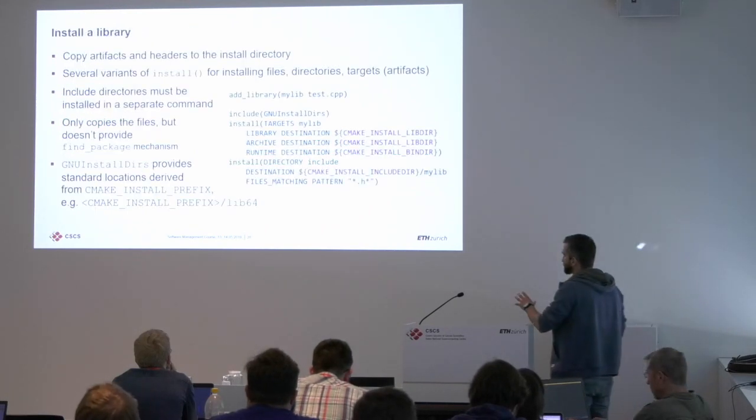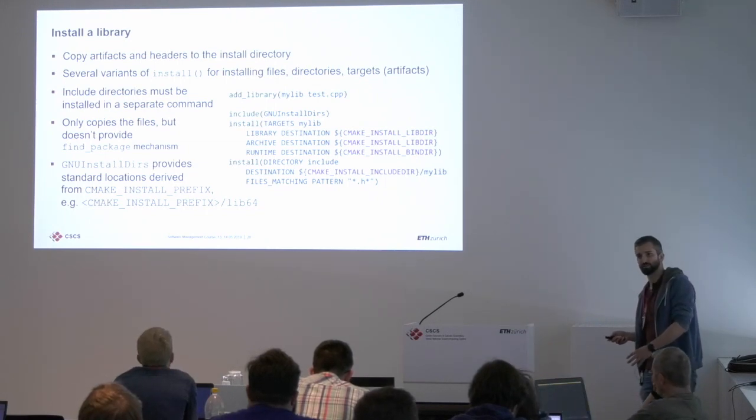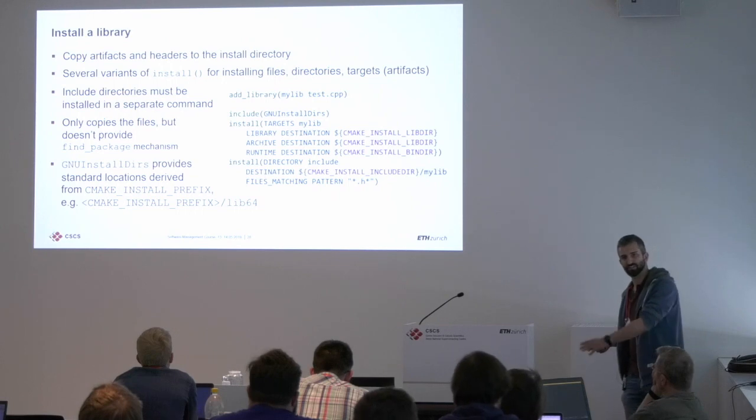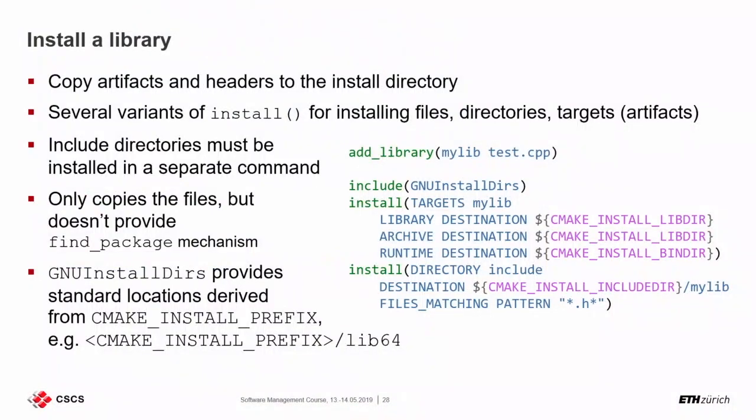And now this is the last slide for this first session on how to install your library. This is only basics, because we have a full session about installing your library. This is not enough to do it properly, but good enough to get started. So after you define your library with add_library and all the rest, you want to install it.